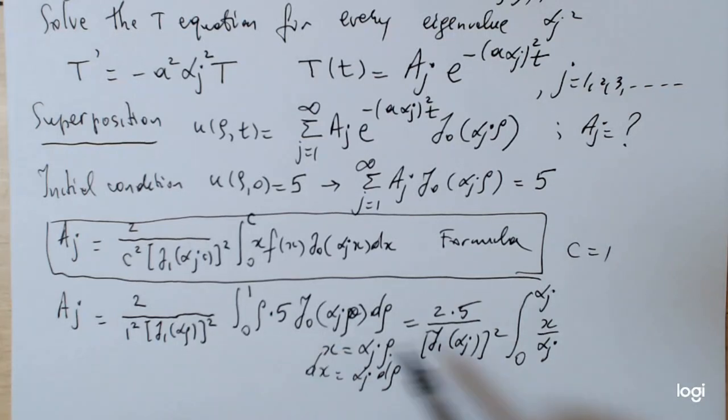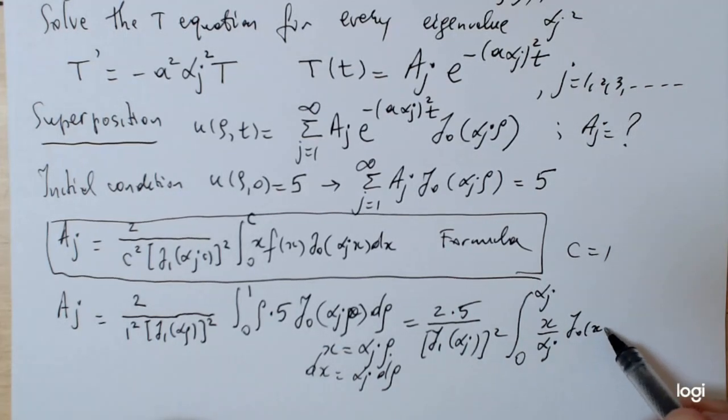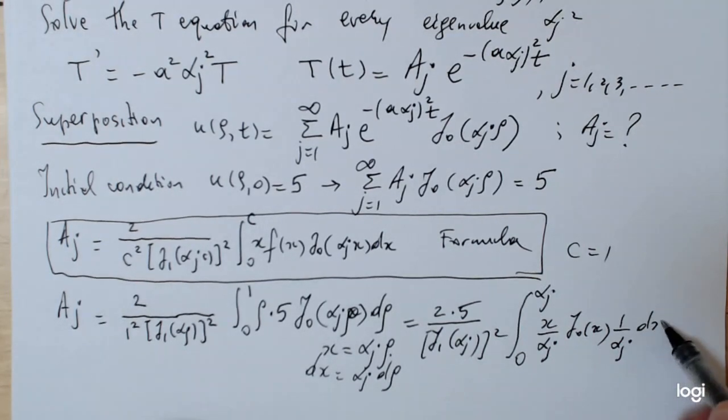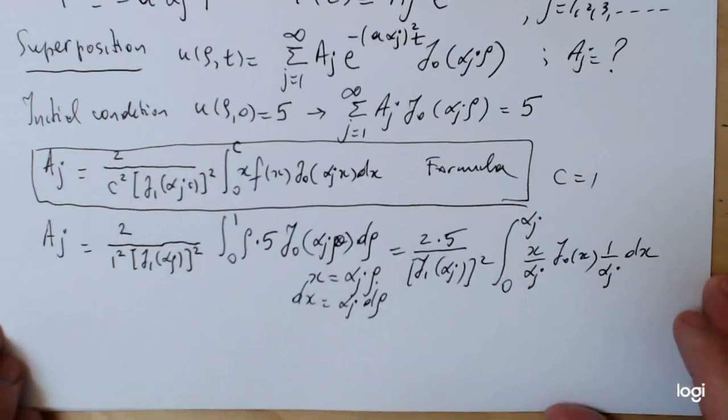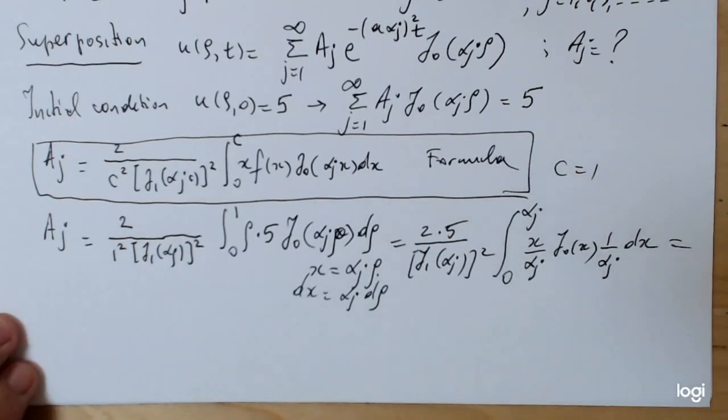and j naught of x now, because alpha j rho is x. And pay attention here, d rho is 1 over alpha j dx. There's another 1 over alpha j dx. So let's continue.